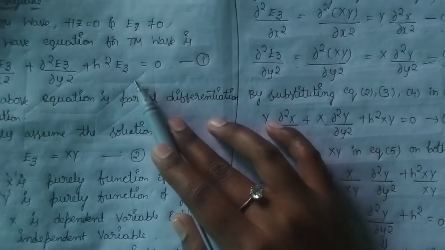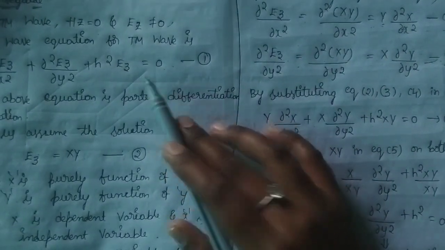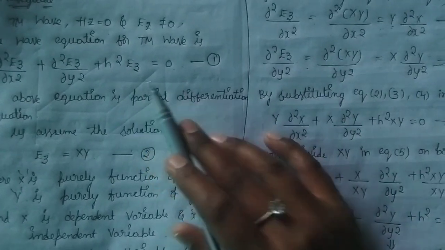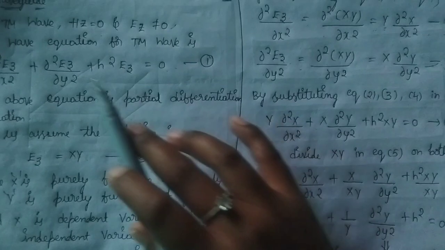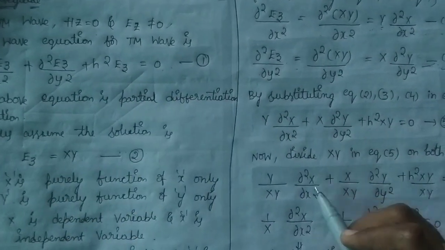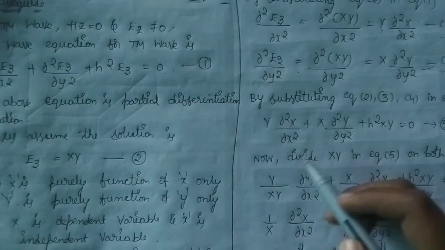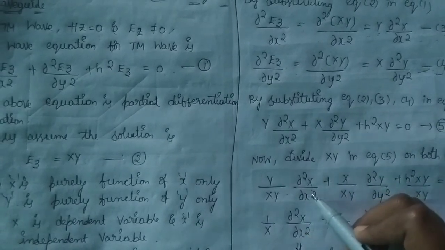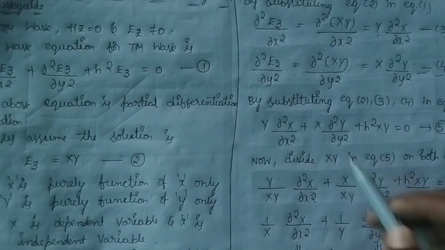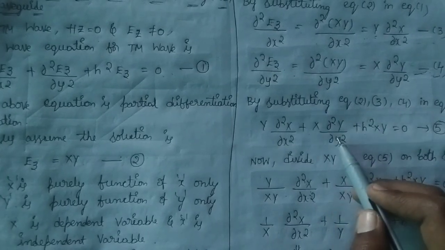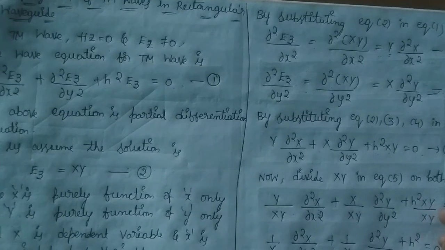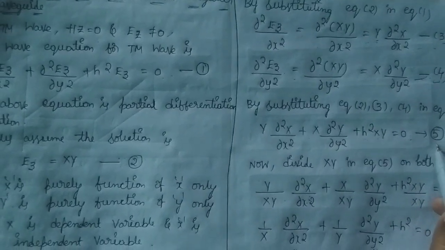Here in the place of Ez we are replacing XY, and in the place of dou square Ez by dou x square we are writing Y dou square X by dou x square. Consider this equation as fifth equation.